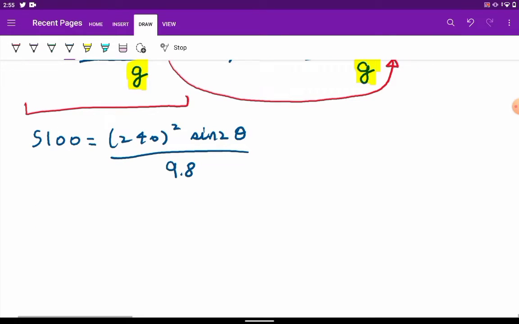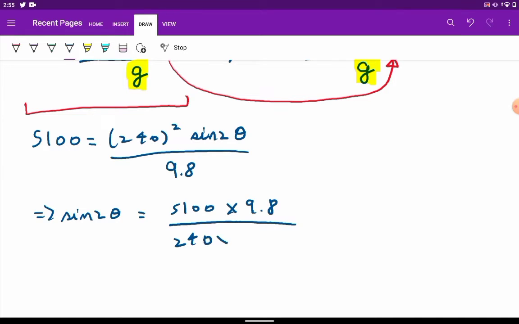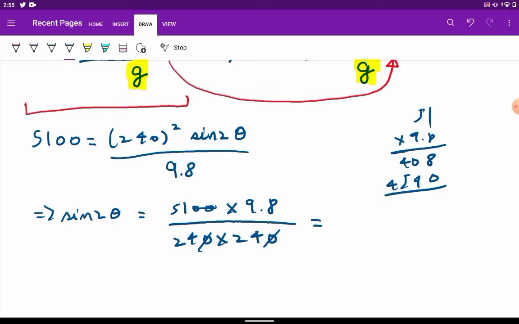I am taking g as 9.8. So sine 2 theta equals 5100 into 9.8 divided by 240 times 240. The zeros cancel out. 51 into 9.8 is how much? Calculating quickly, it's 4998.